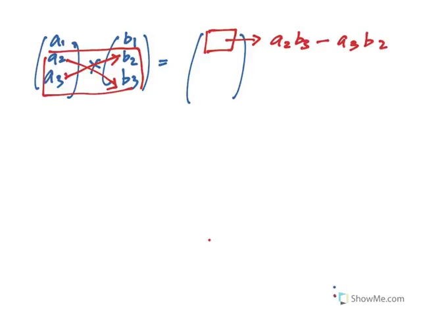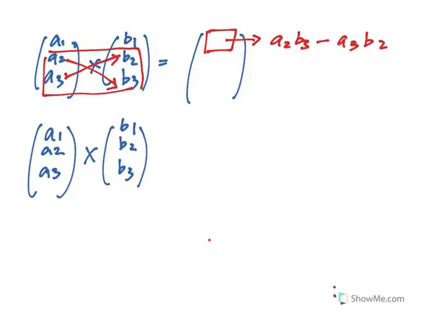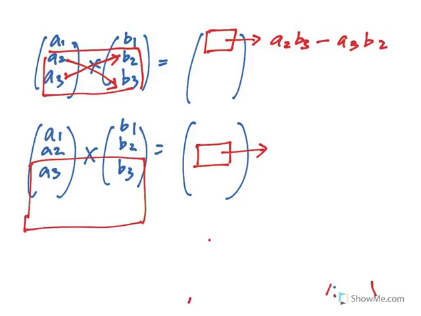What about the second entry? Very quickly, let me rewrite again: A1, A2, A3, vector product with B1, B2, B3. Suppose you want to find the second entry. Again, we take the next two rows after the second entry.